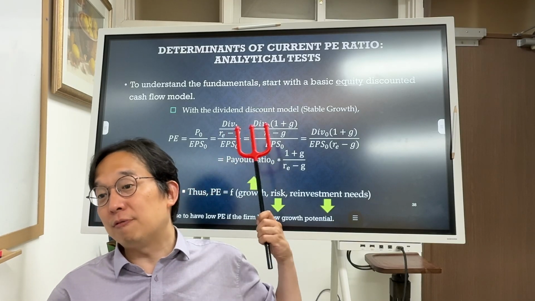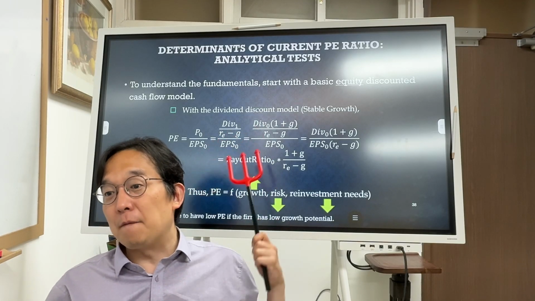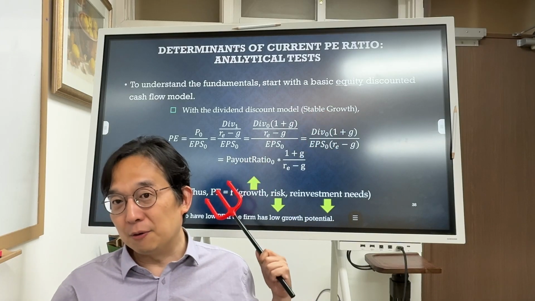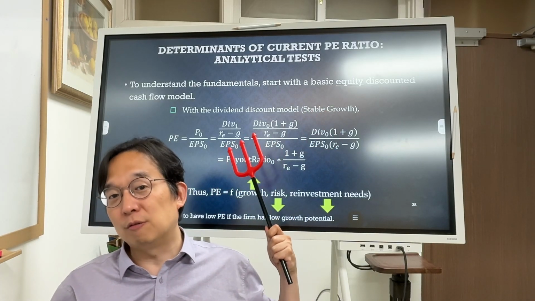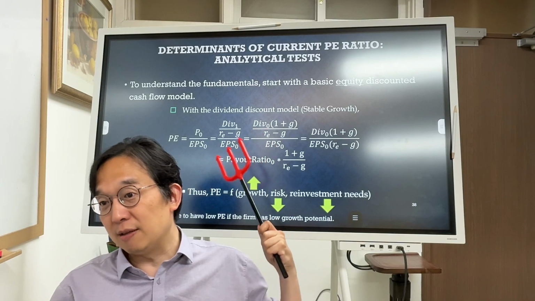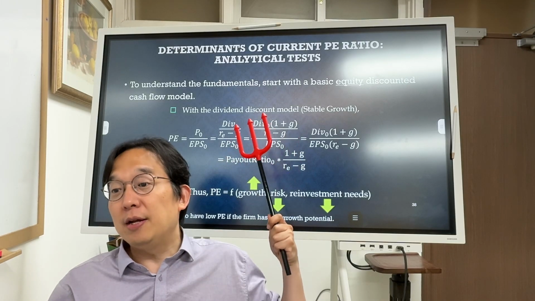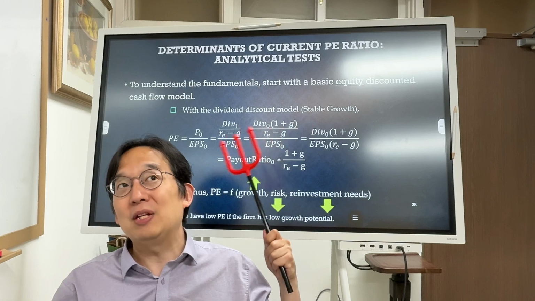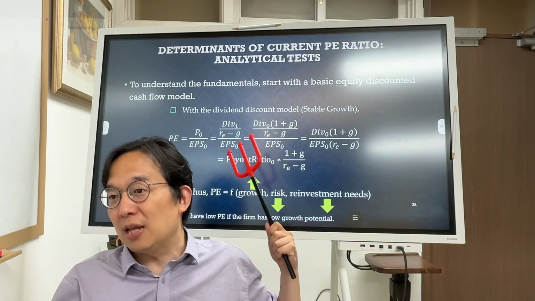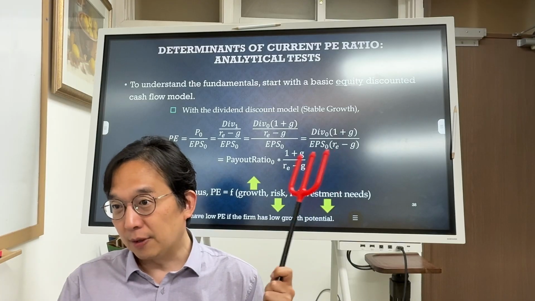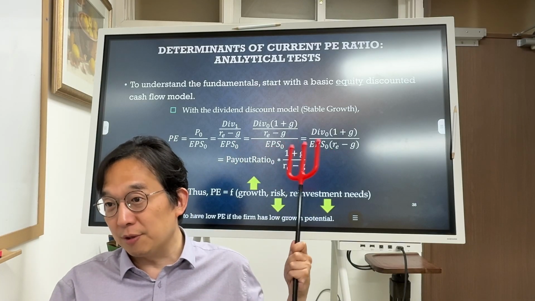Now, the price at zero is what? Future dividends discounted at the relevant cost of equity, r_e, and assuming the growth rate g. You see that r minus g going on, and then the dividend next year, which should be the dividend of the previous year times 1 plus growth rate. That's what's going on in the numerator.